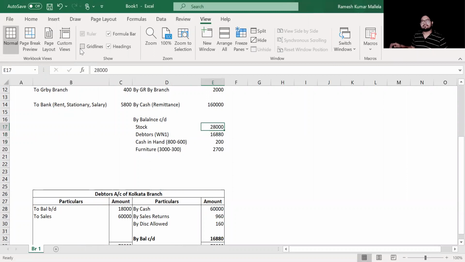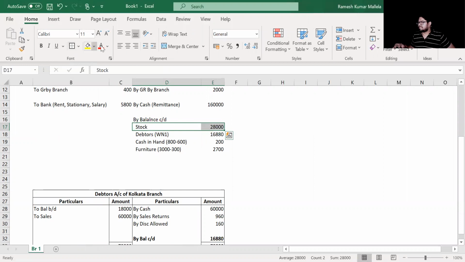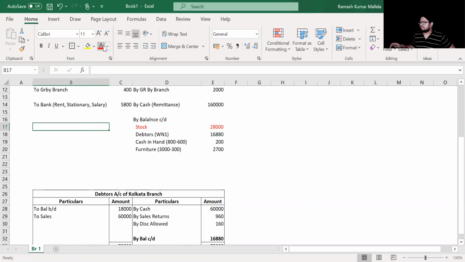Now that we are almost done, there is one more important adjustment to be done, with respect to this closing stock. I will have to create a stock reserve. Otherwise, my profit will be overstated. Hence, I'm supposed to write a stock reserve entry for this amount of 28,000.